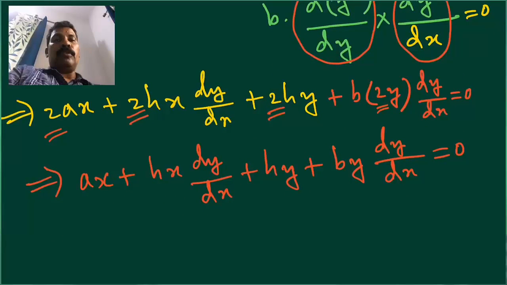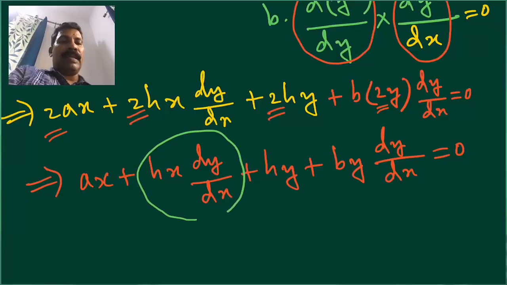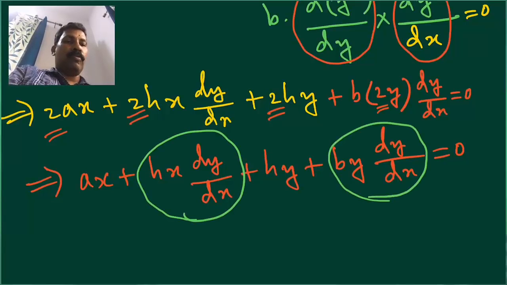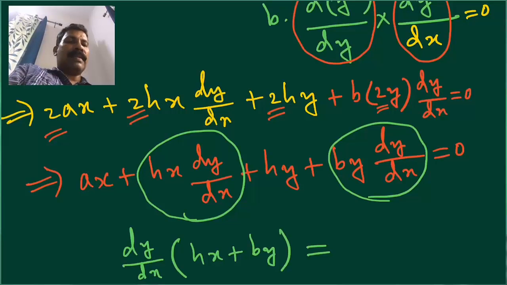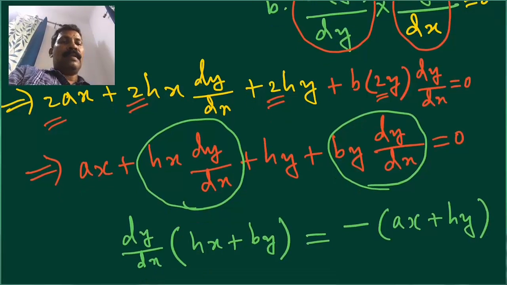From this we have to group the terms in which dy by dx are there. So we have to group these two terms, and then dy by dx you can take outside as a common factor. The remaining is hx plus by. Then we transfer the other terms to the right hand side, that is minus ax plus hy, like this.